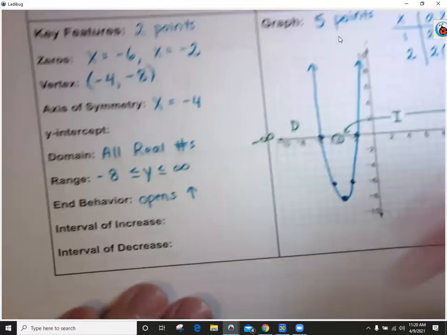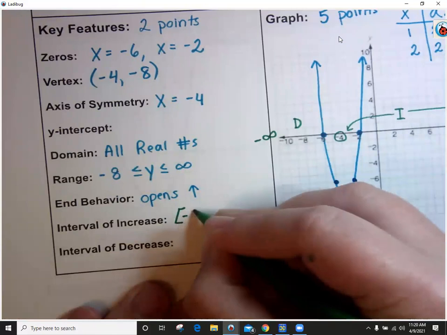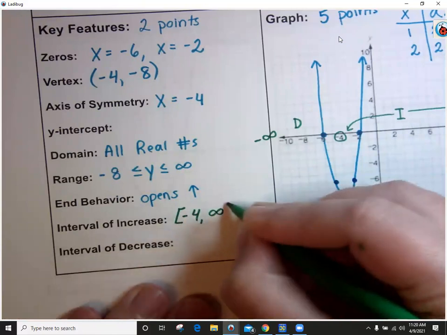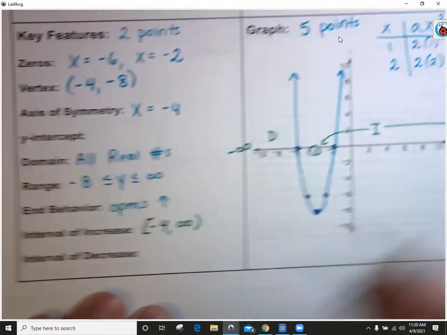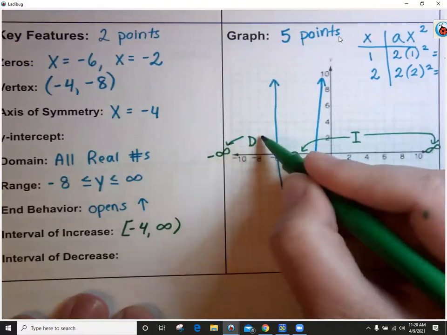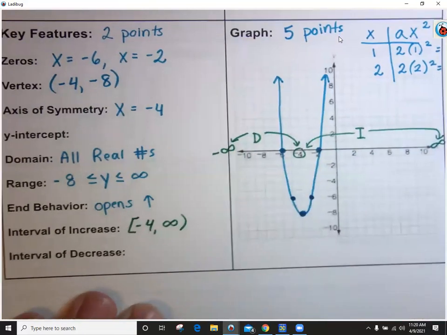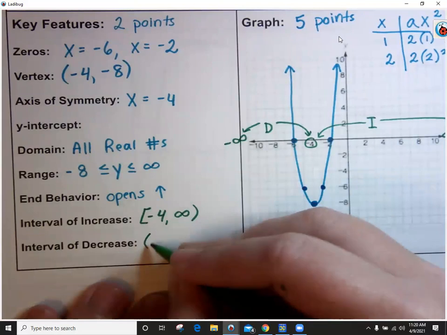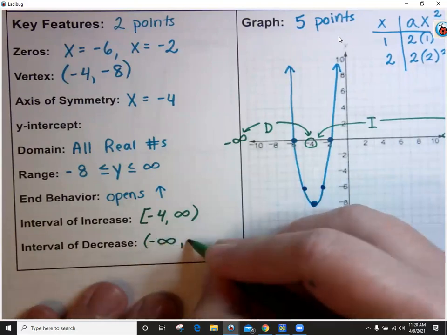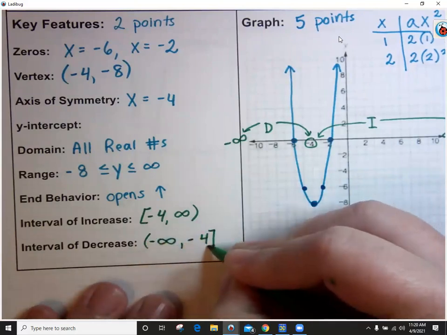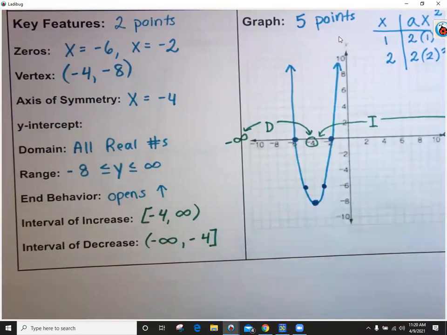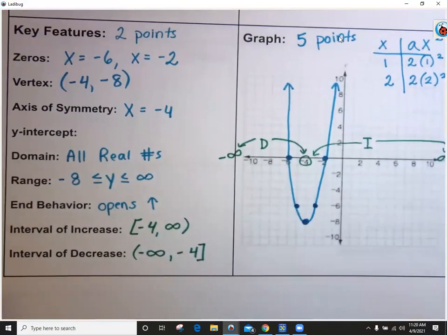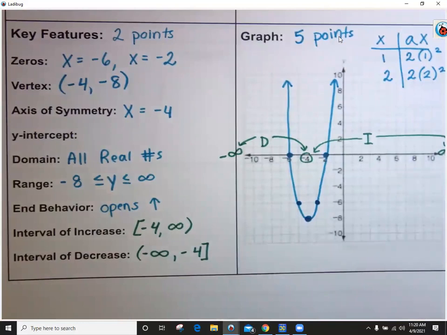Okay, interval of increase is from -4 to infinity. And the interval of decrease is from -infinity to -4.